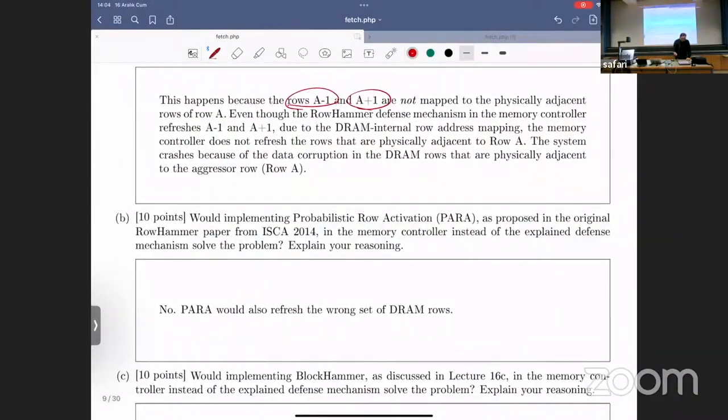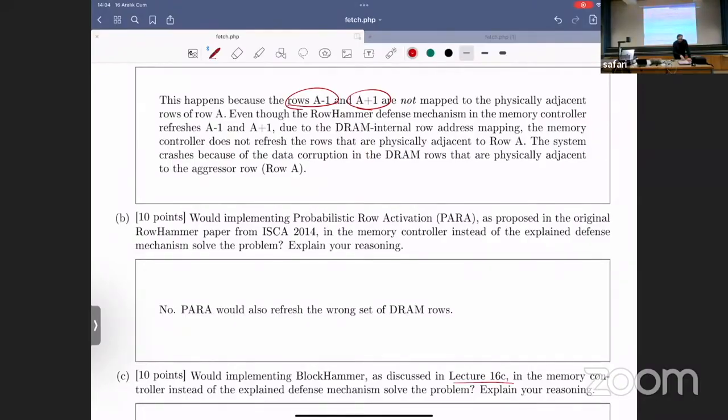And the last part of the question is, would implementing BlockHammer in memory controllers, instead of this defense mechanism, solve the problem? This is the lecture where it was discussed last year; I think it is something different this year. As a reminder, BlockHammer was not sending activations to the victim rows. Instead, it was throttling the activations targeting the aggressor row.